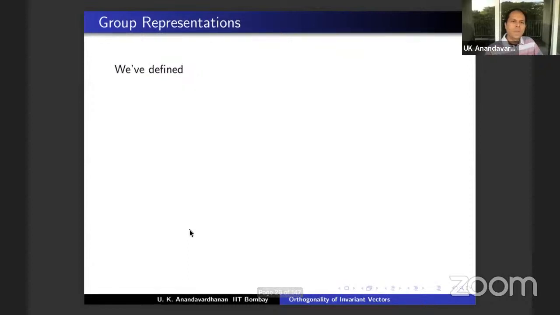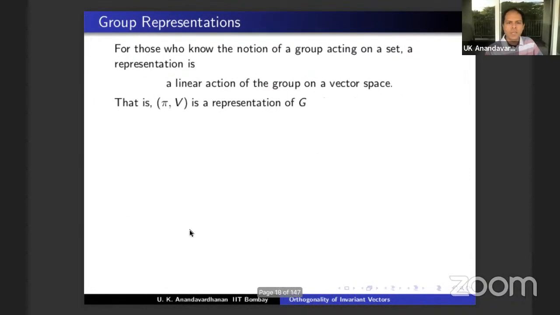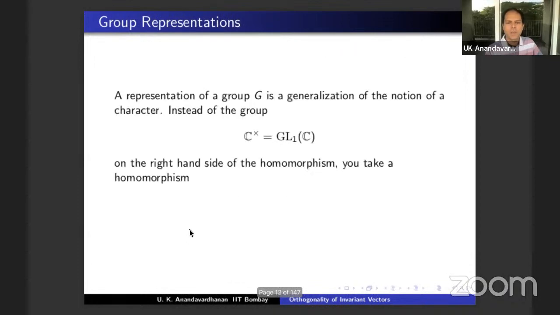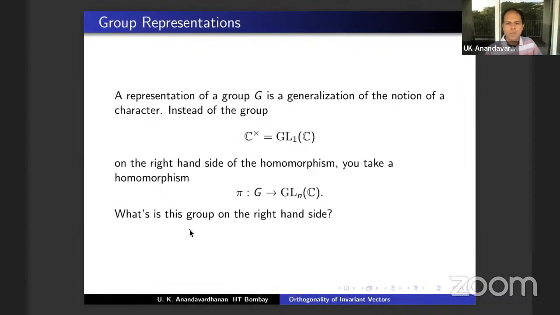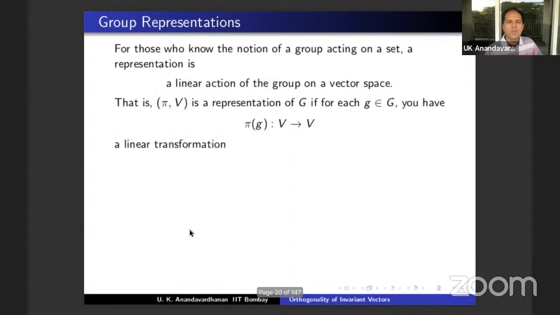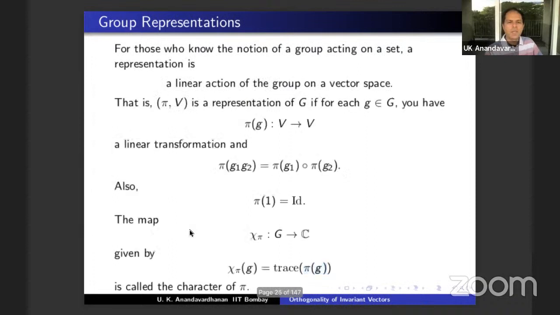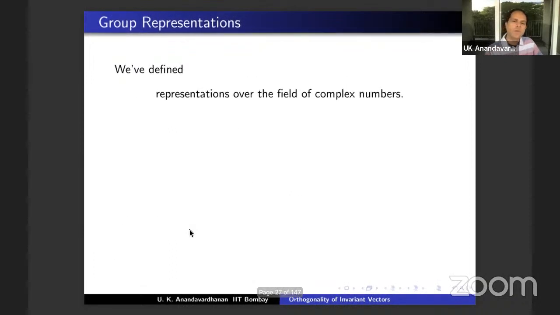Okay, so we have defined representations over the field of complex numbers. Throughout here, I was taking C. My V was over C, and my matrices were with complex entries. So that's the meaning of saying these representations are defined over the field of complex numbers. But there's no need to fix complex numbers.